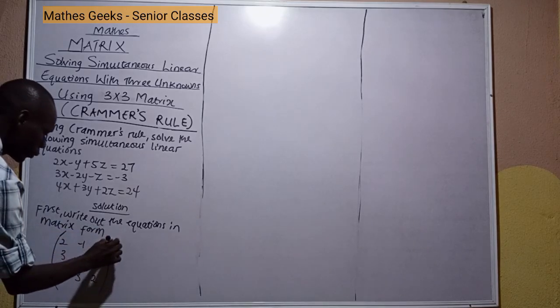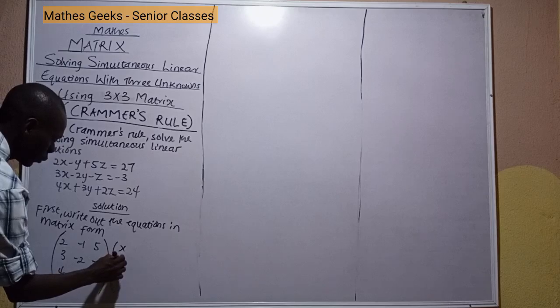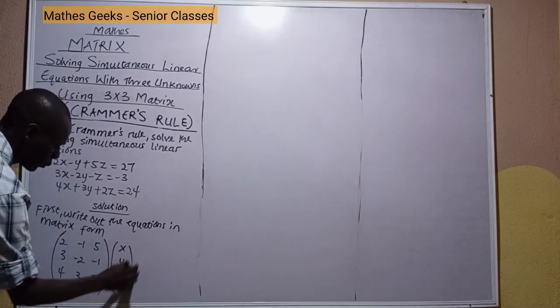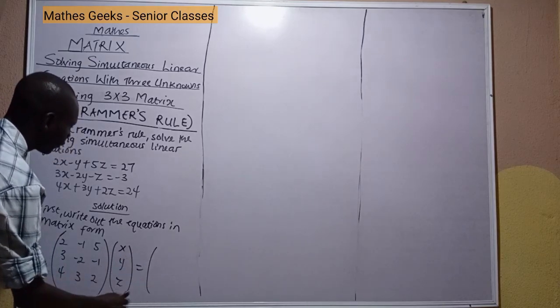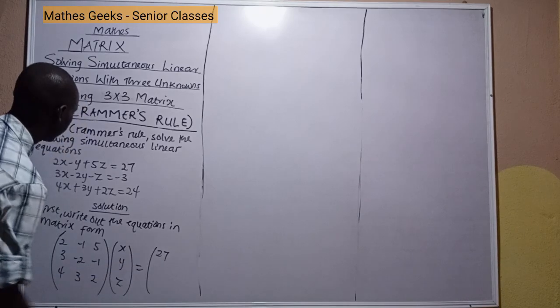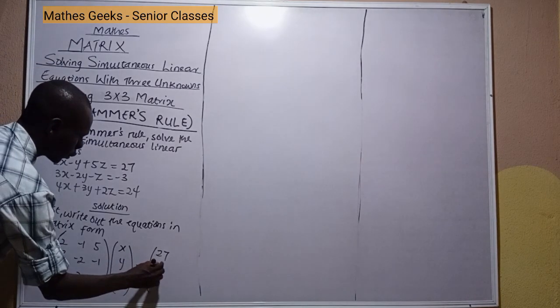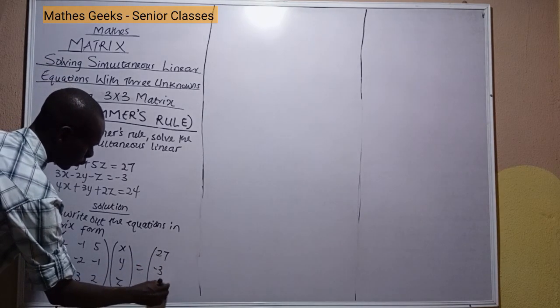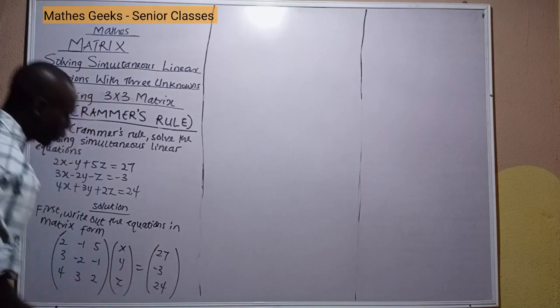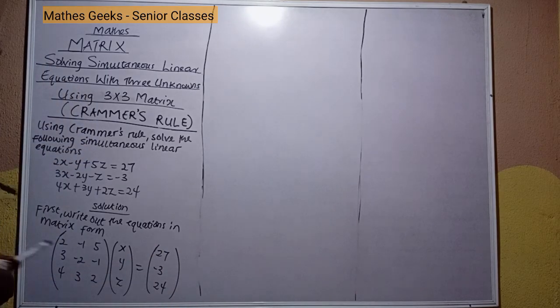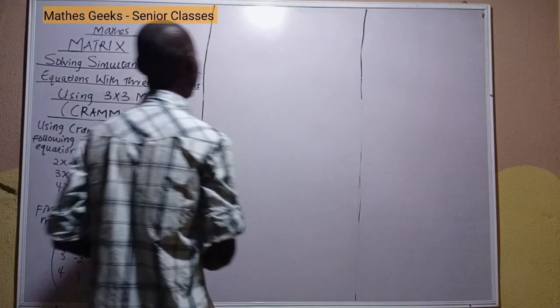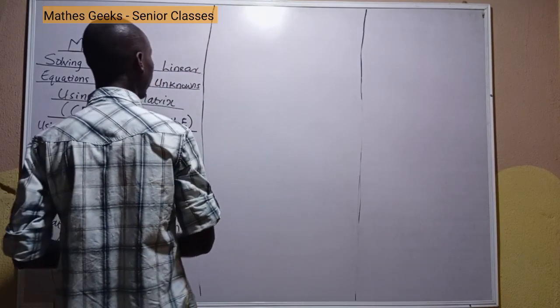And then x, y, z equals 27, minus 3, 24.